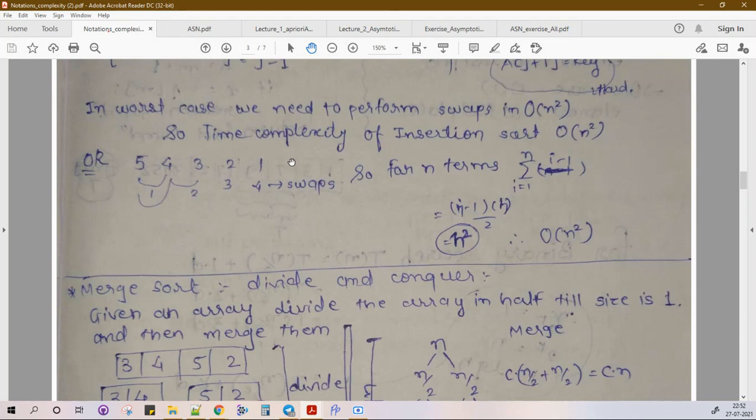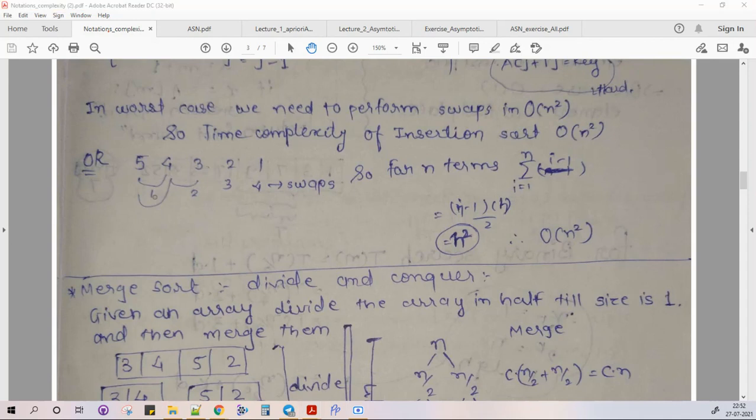At 4, I need to make one swap with the 5 because it is less than 5. After the first iteration it would be 4, 5. Now next I have 3. I will compare with 5, and swap with 5 because 3 is less than 5.